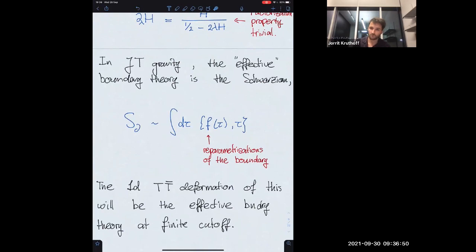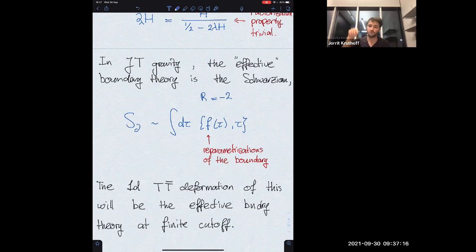And that basically arises from integrating out the dilaton in the bulk. That sets the bulk scalar curvature R to -2. Then, say we're on the disk, we can consider different cutout shapes of the disk.